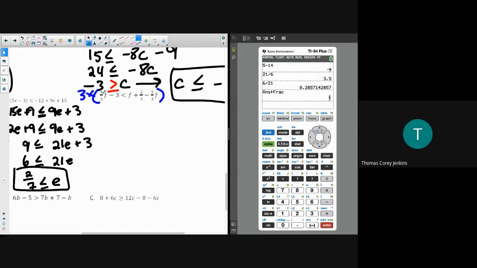All right, so 3 times 4/3 f. All we really want to know there is what's 3 times 4/3. All right, so let's type 3 times 4/3 is 4. Okay, so when I distribute here, I get 4f. Next one's pretty easy. 3 times -3 is -9.